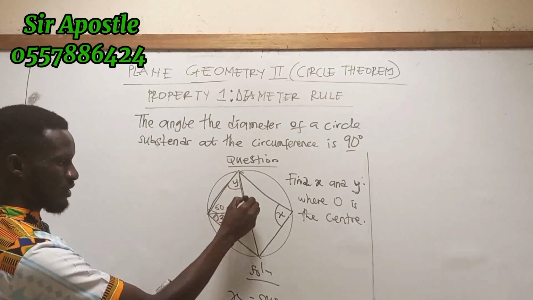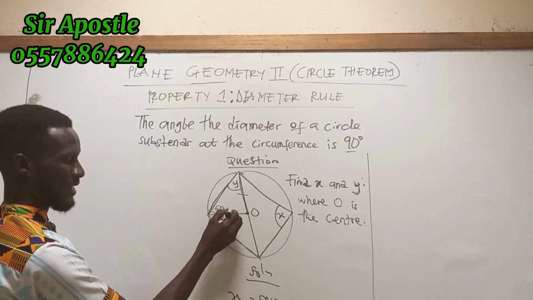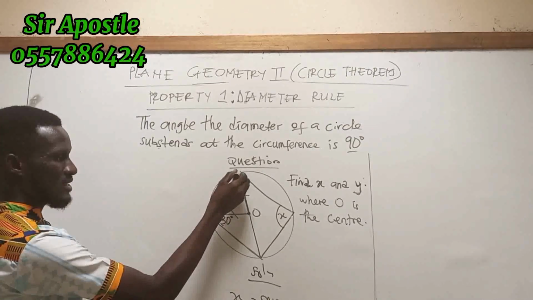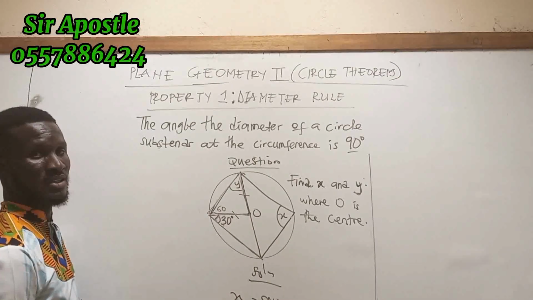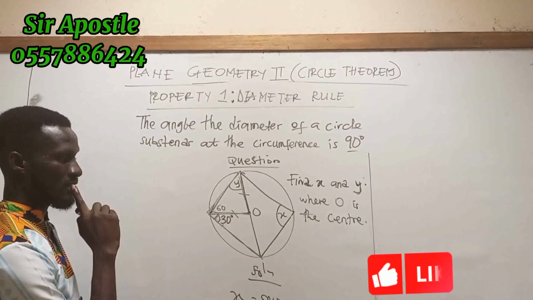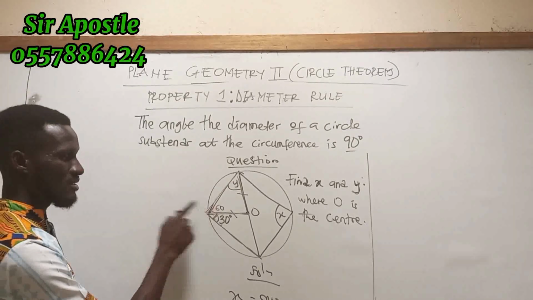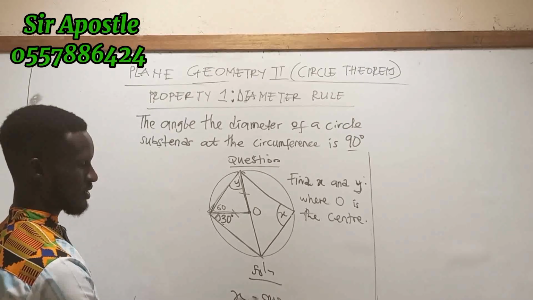This one is a radius. This one is also a radius. So this side and this side are the same. Therefore, this triangle is an isosceles triangle. Then we can say that y is the same as 60 degrees. So y is equal to 60 degrees.